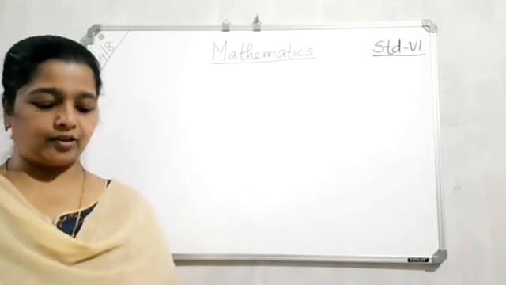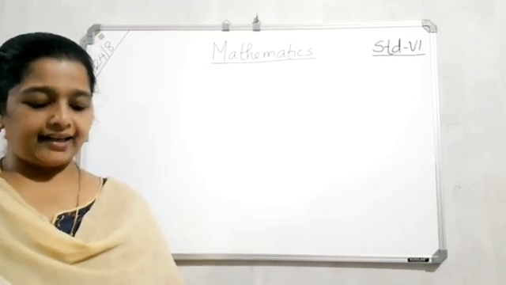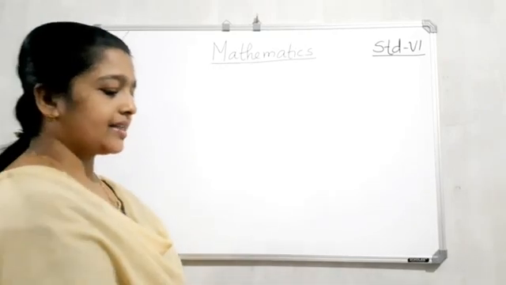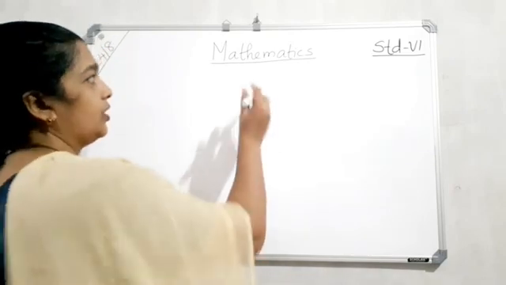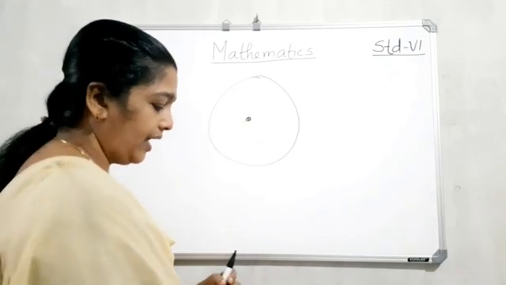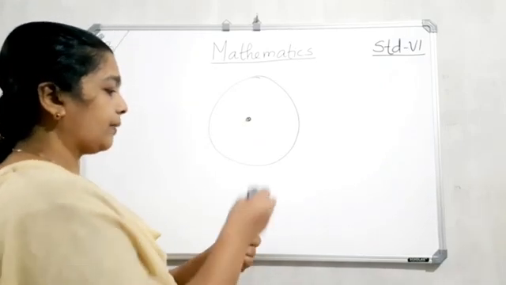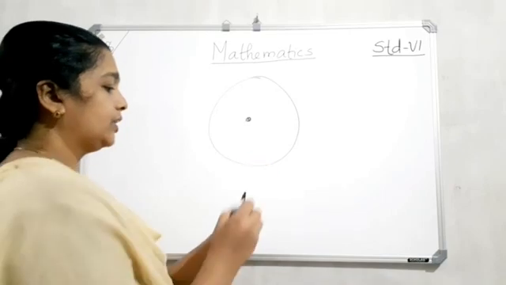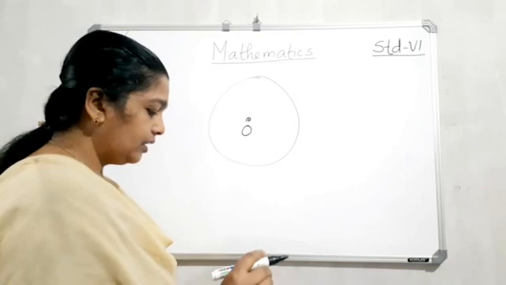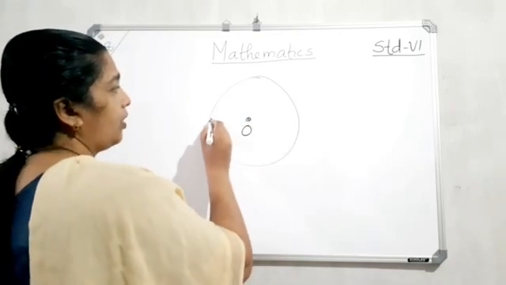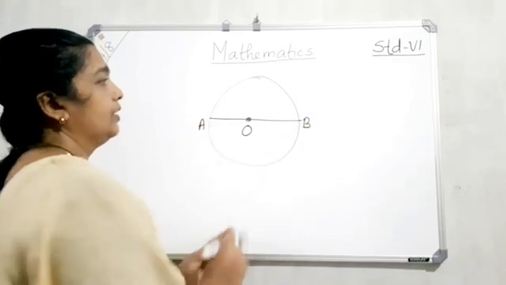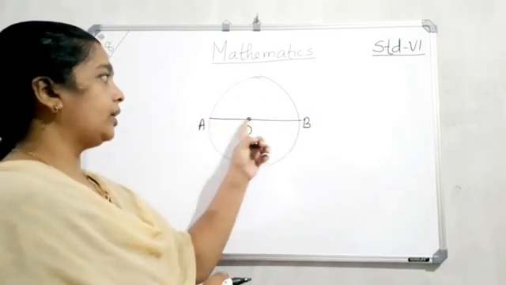Draw any circle and mark its center, radius, diameter, sector, segment, interior point, exterior point, etc. So how can you draw? Draw one circle and mark its center, and put the name O. Next, a radius. You can first draw diameter AB, then radii OB and OA.